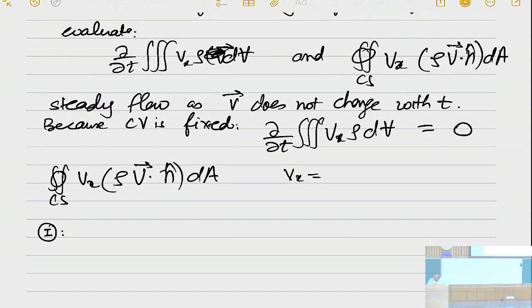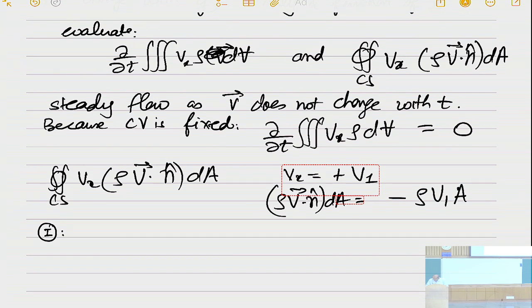Vx is equal to plus V1, rho V dot n dA. This will be minus rho times V1A1. So this term will become equal to minus rho V1 square A1.